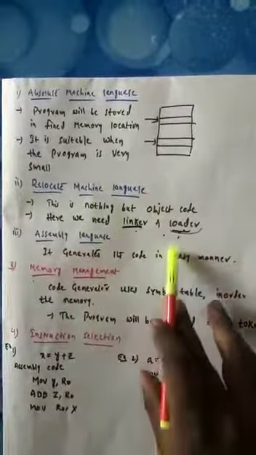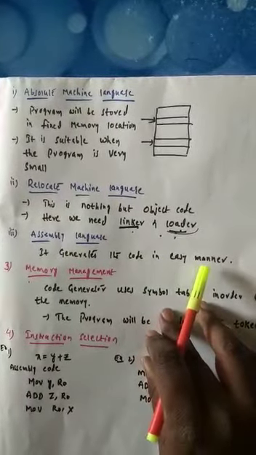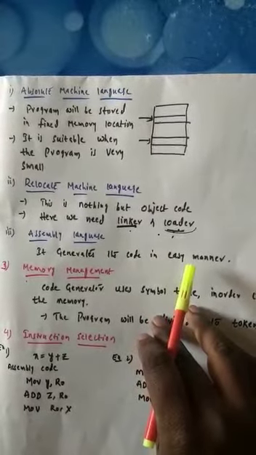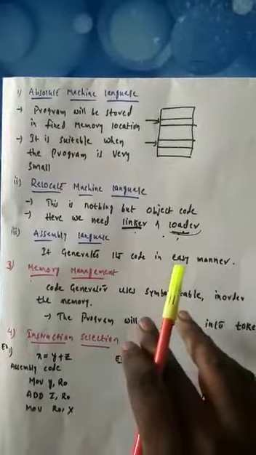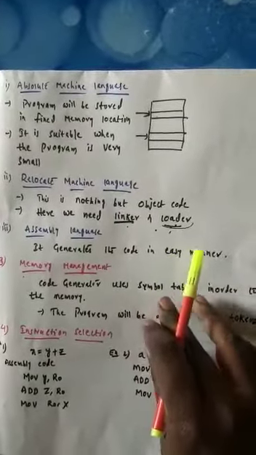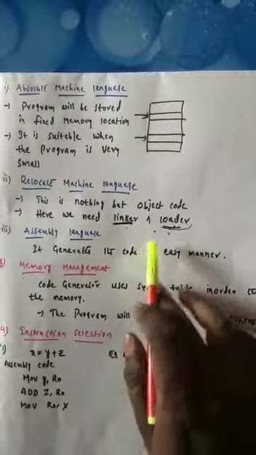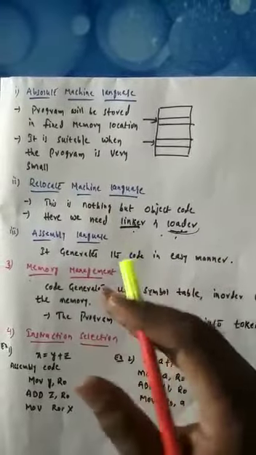In relocatable machine language, whenever there is a space in RAM, that space is used for storing the programs. It is suitable for any program, whether small or large, irrespective of its size.